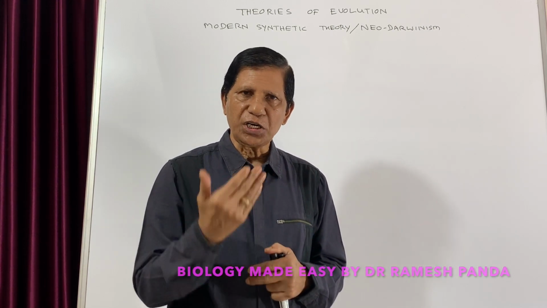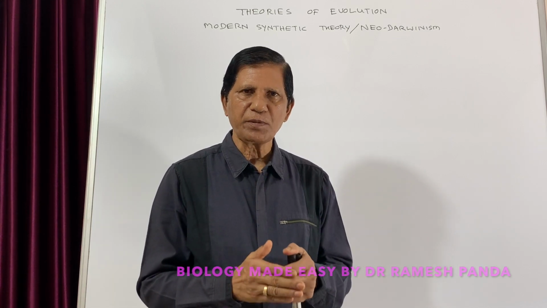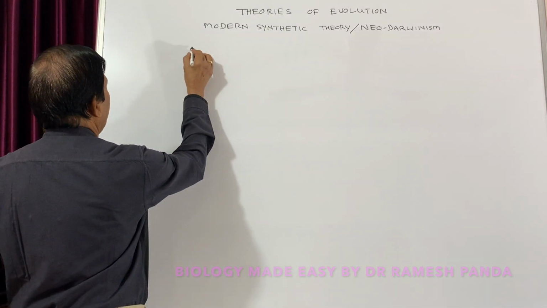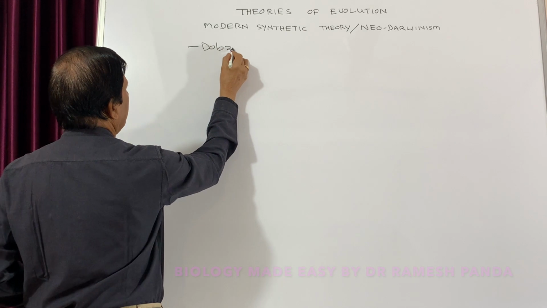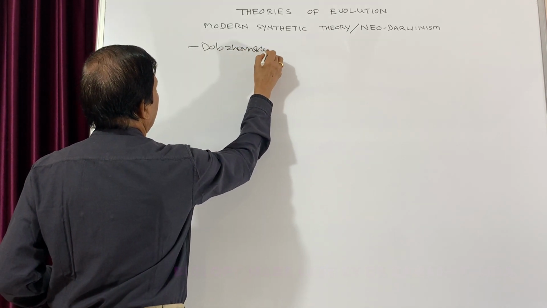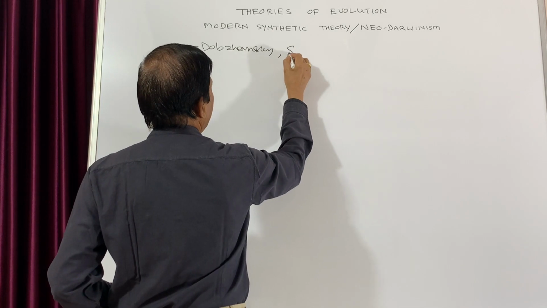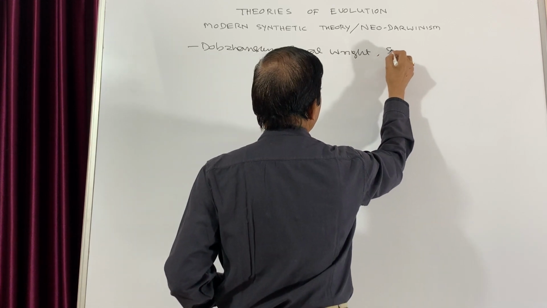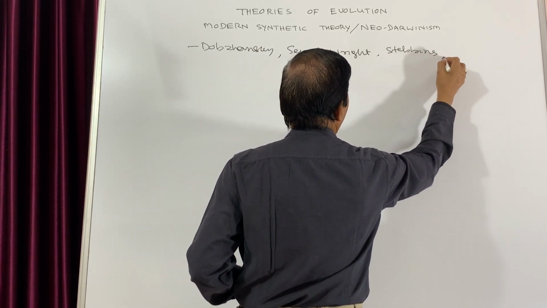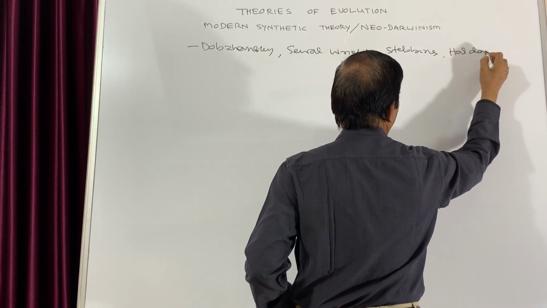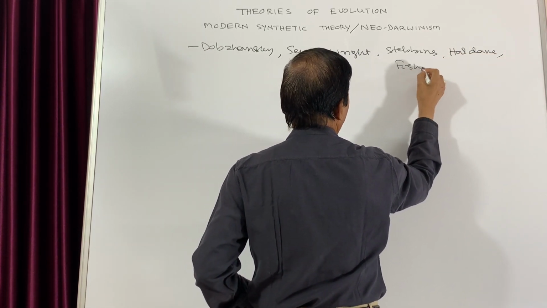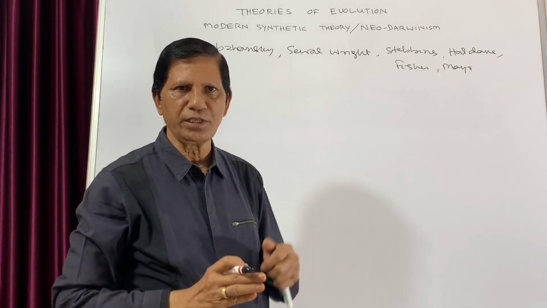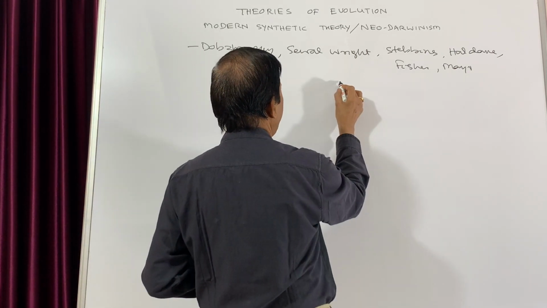But the contribution for this modern theory comes from several scientists like Dobzhansky, then Sewall Wright, Stebbins, J.B.S. Haldane, Fisher, and Mayr.